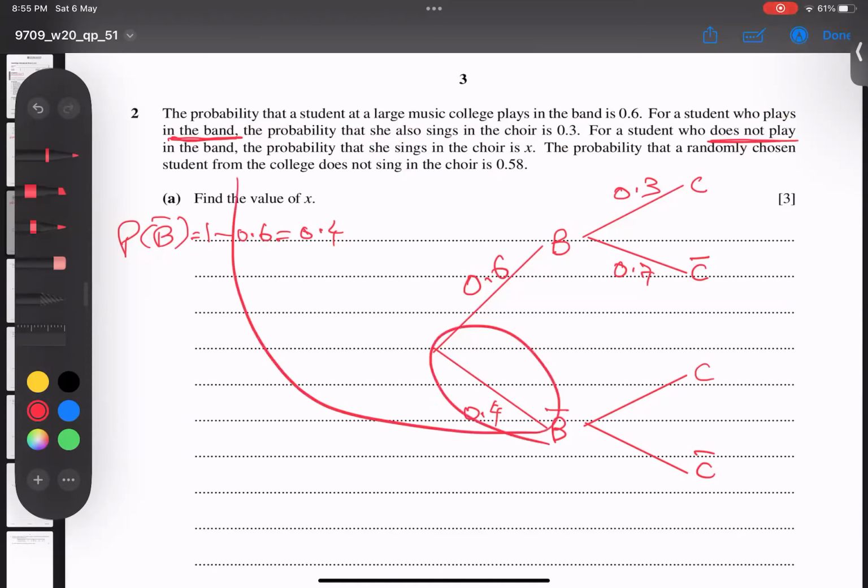So we talk about the lower branch. The probability that she sings in a choir is x. So here x comes, and you know, students, if one branch is given x, the second is 1 minus x.